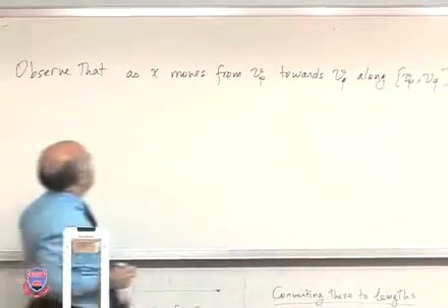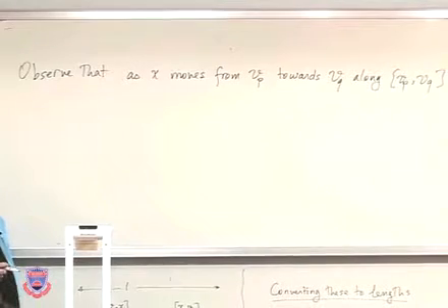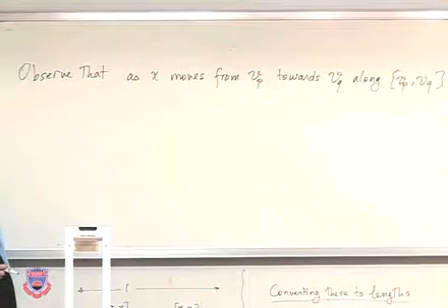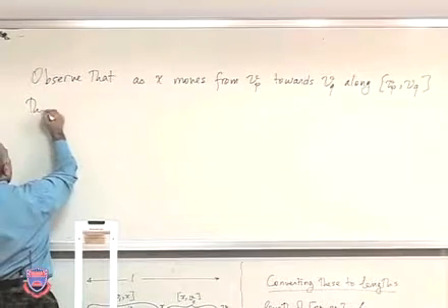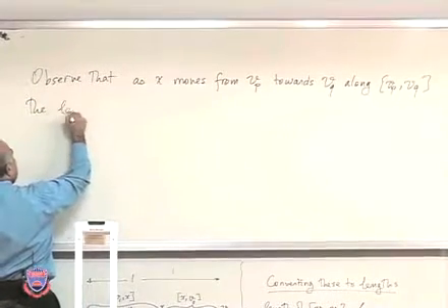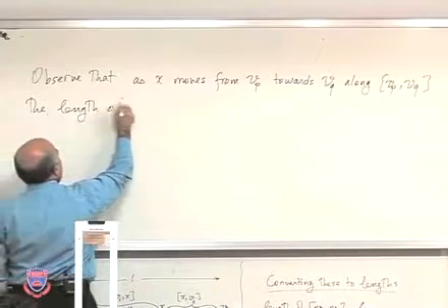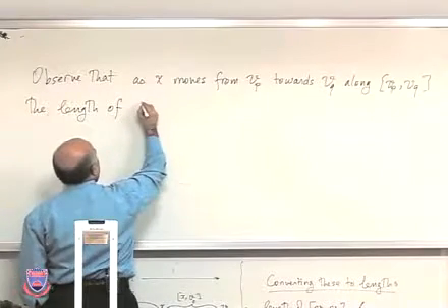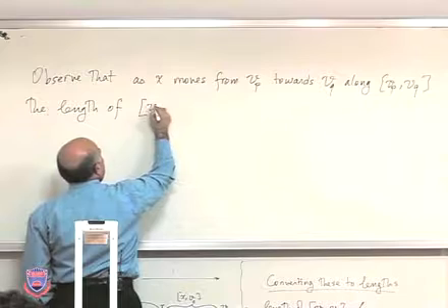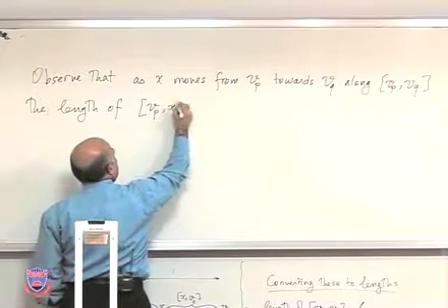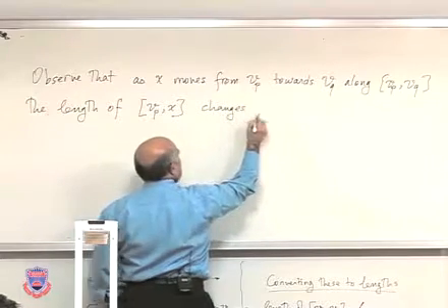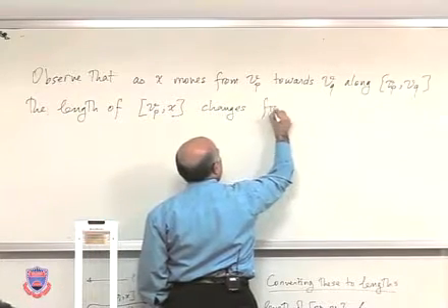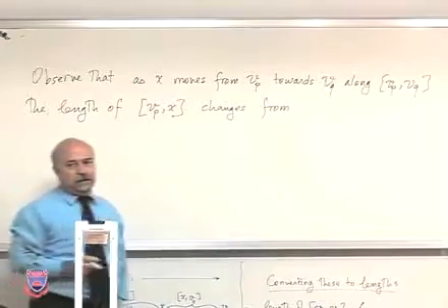So we observe that when x moves from vp towards vq along the edge vp vq, the length of vpx changes from what to what?